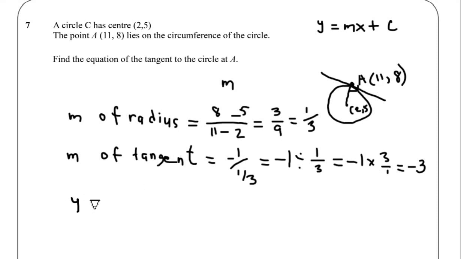So we can say that the equation of the tangent will be y equals mx plus c. m is -3, plus c. And we know that the tangent passes through the point A, which is (11, 8). So if we plug in x equals 11 and y equals 8, we'll be able to find our c.